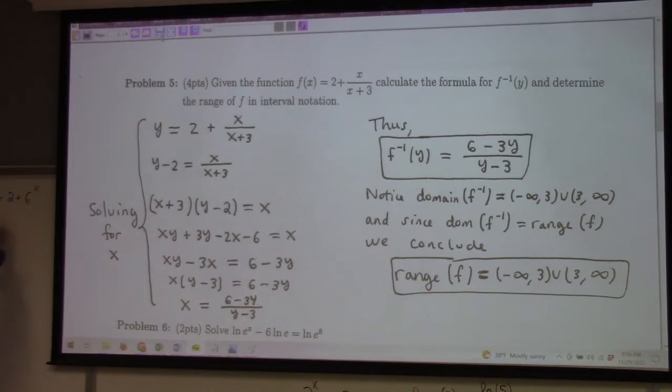I write y equals 2 plus 6 to the x. I isolate the 6 to the x. I take a log base 6 of both sides. And then that's x equals log base 6 of y minus 2. And there you go. F inverse of y is log base 6 of y minus 2.